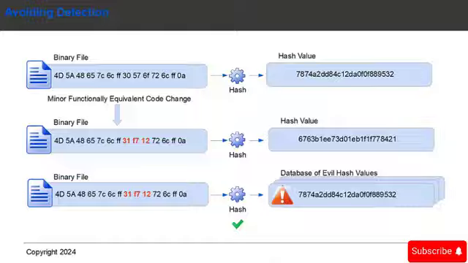This is the shortcoming of hashes. Hashes are great for developing a unique fingerprint for a specific file, but any changes within that file will throw the hash value off, and we will no longer have a match. So making these small changes can allow a malware author to avoid detection.